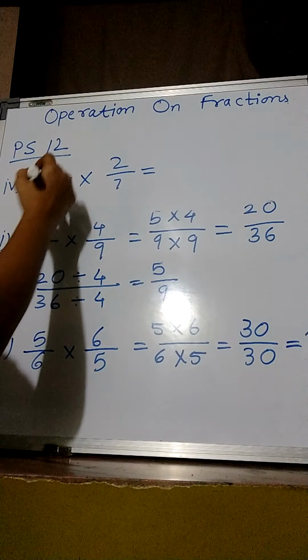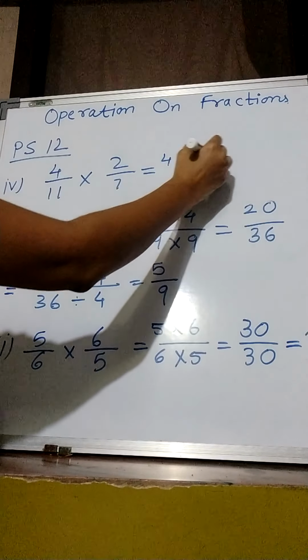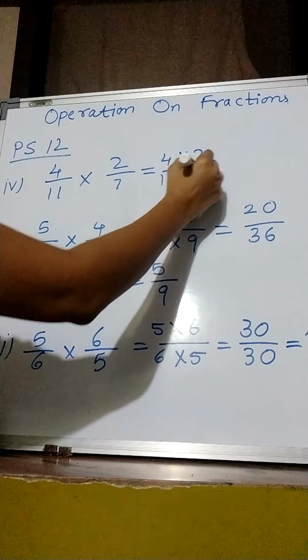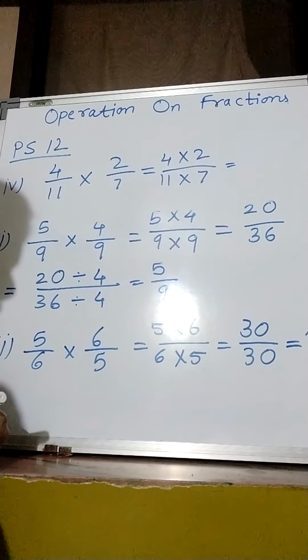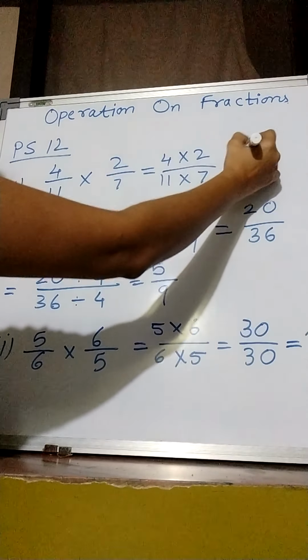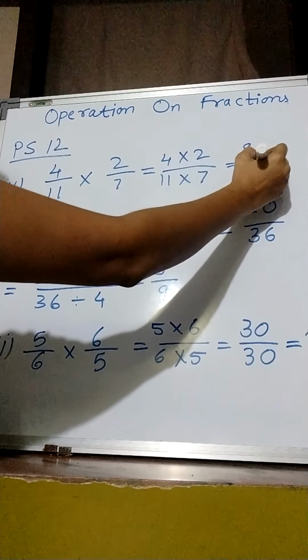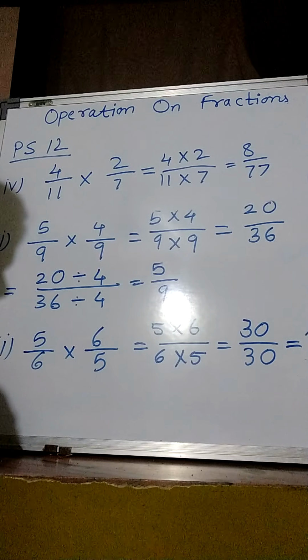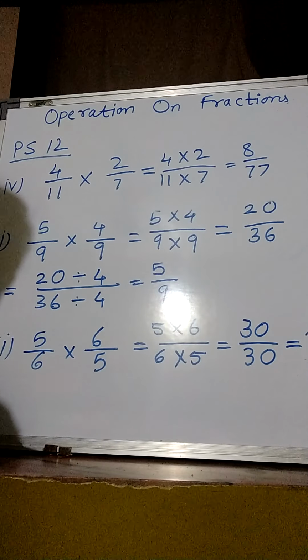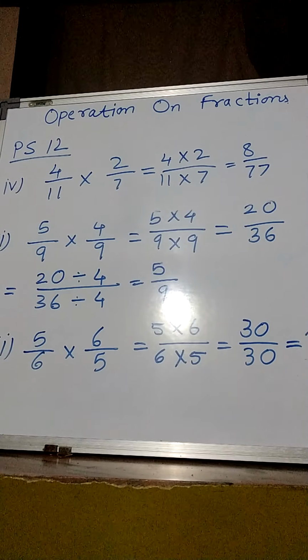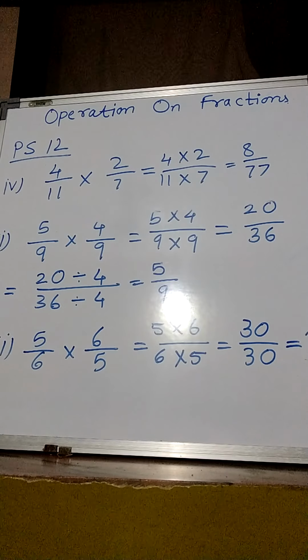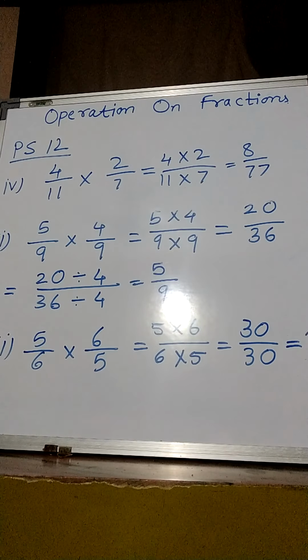Here also 4 multiplied by 2, 11 multiplied by 7. 4 twos are 8, 11 sevens are 77. Okay, understand everyone? Here we are stopping this practice set 12.